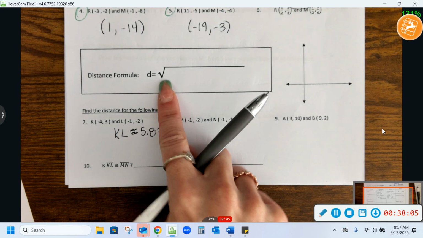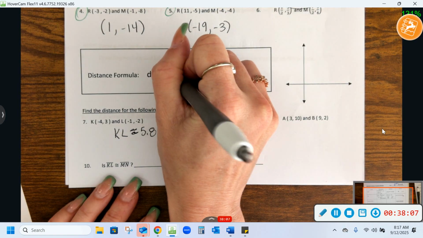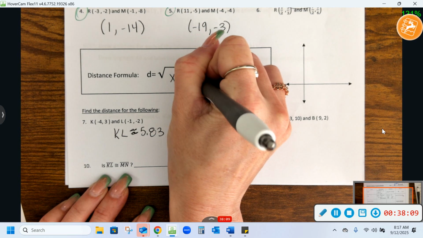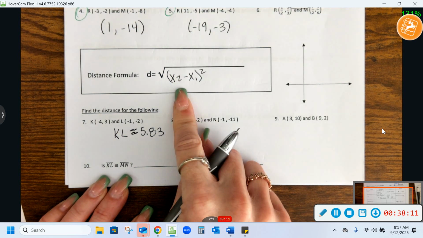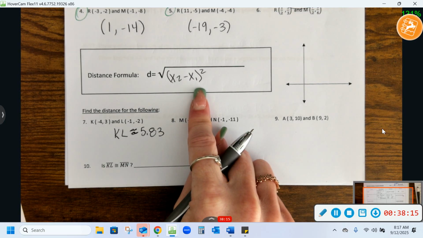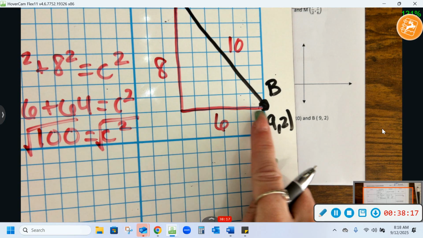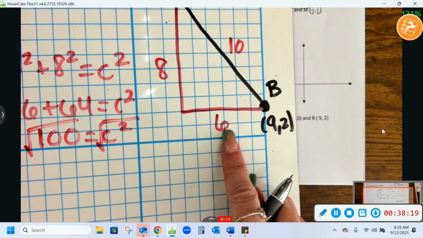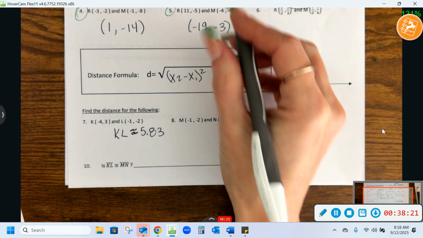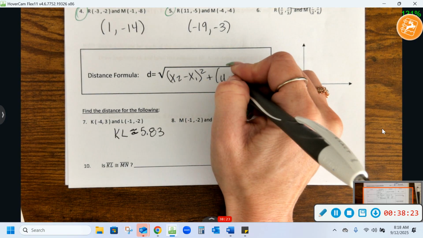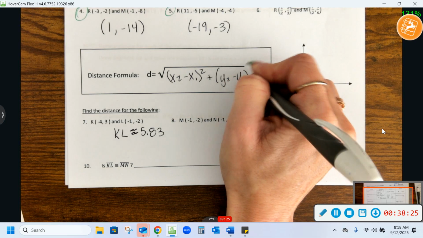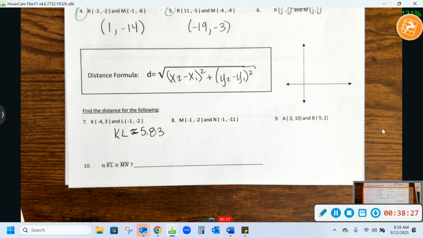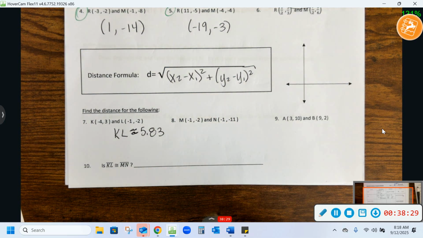So this is the square root of x2 minus x1 squared. That's my a squared. That is asking how far did we move on the x. So from x to x, I went 6 units. A squared. Plus y2 minus y1 squared. So square root of a squared plus b squared.